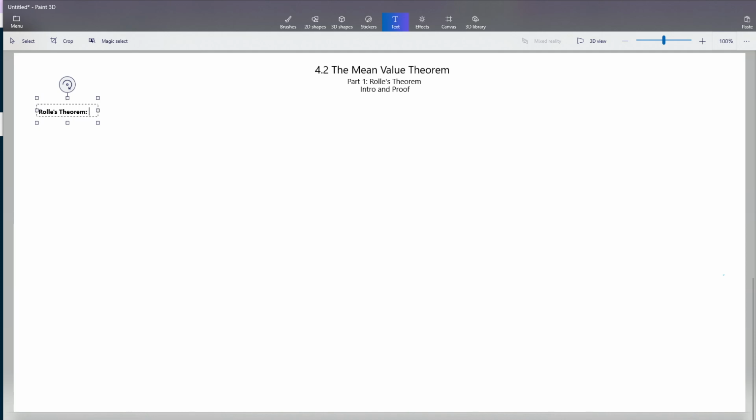Okay, so we are going to look at a function f, and we have f satisfying three different criteria. So f is going to be continuous on the closed interval.